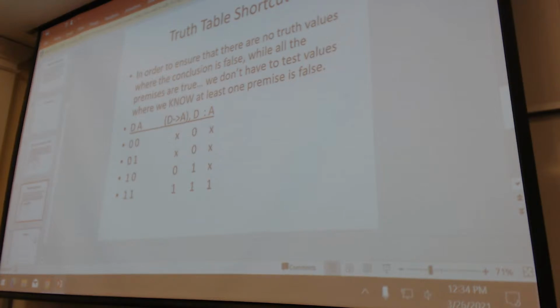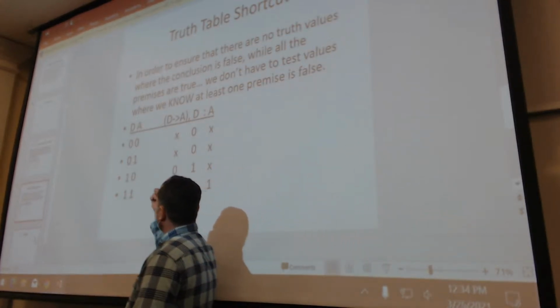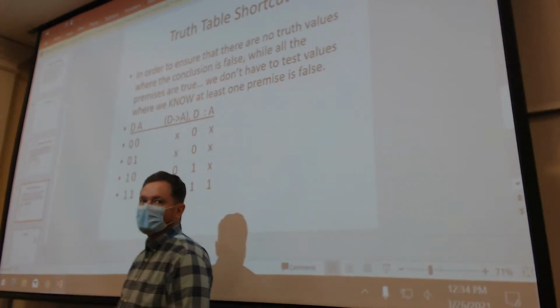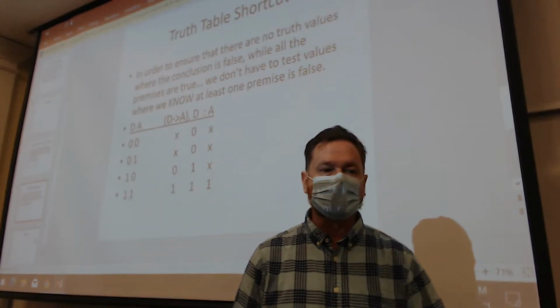So the goal here is to quickly rule out combinations of truth values as potential truth values that can give us an invalid combination. Anytime we identify a false premise, you can rule out that possibility as giving us an invalid set of values.